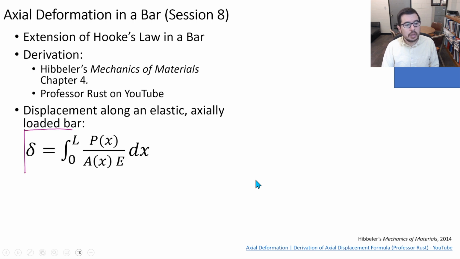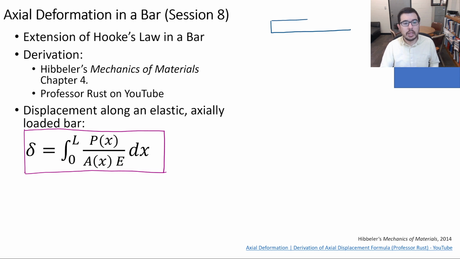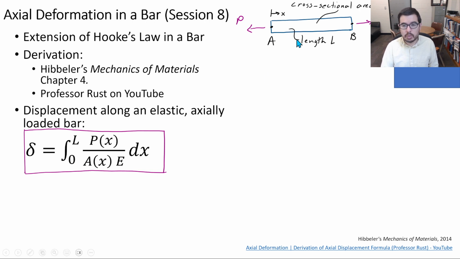And in session 8, we then discussed how we could connect these properties in a bar to the material property of elastic modulus, but we also need to know something about the cross-sectional area and also the length.